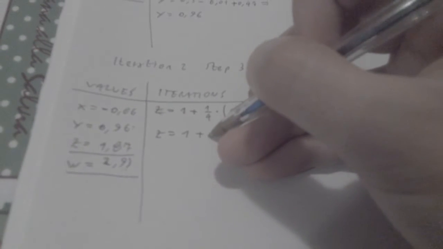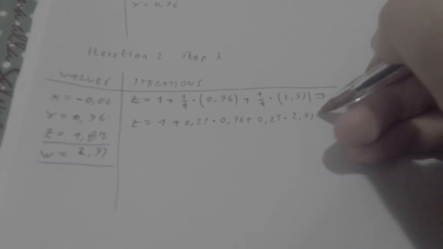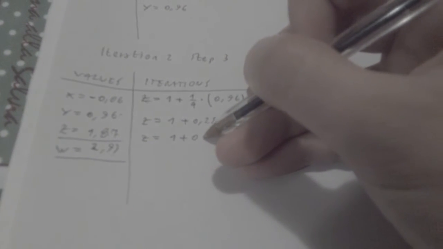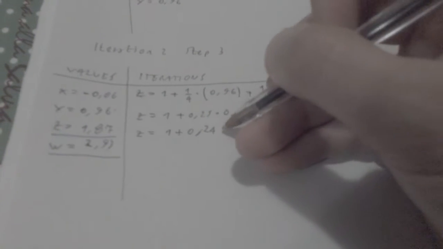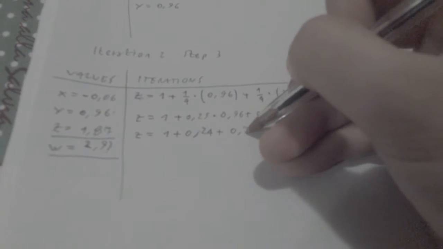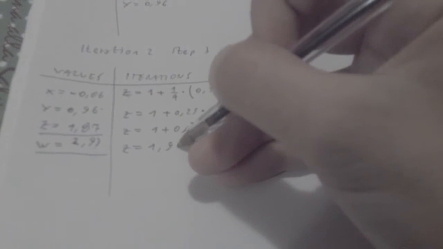Okay, so Z is actually equal to 1 plus 0.25 times 0.96 plus 0.25 times 2.93. It's going to give us 1 plus 0.24 plus 0.73. So our new estimation for z, I'm sorry, is equal to 1.97.